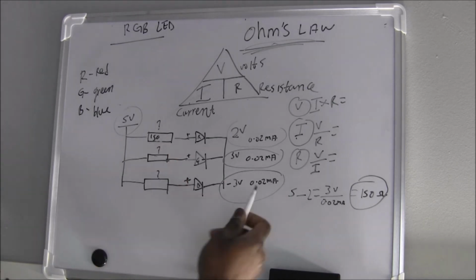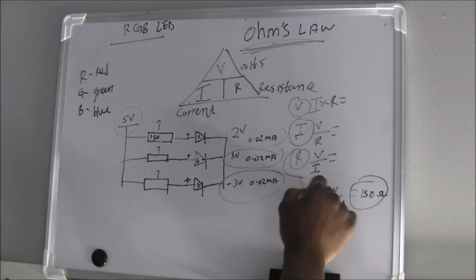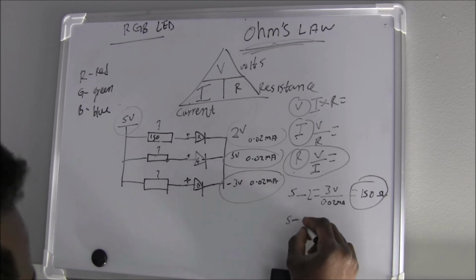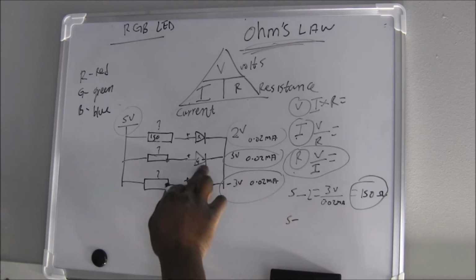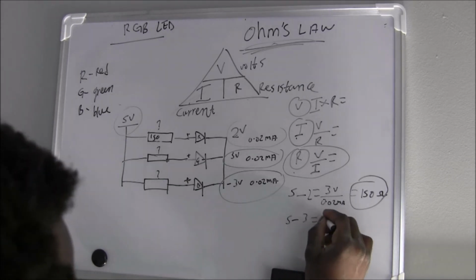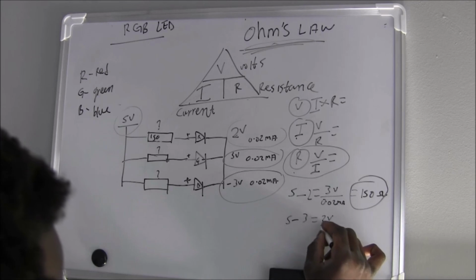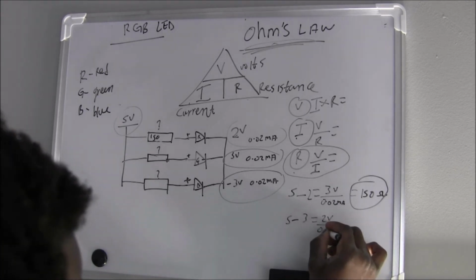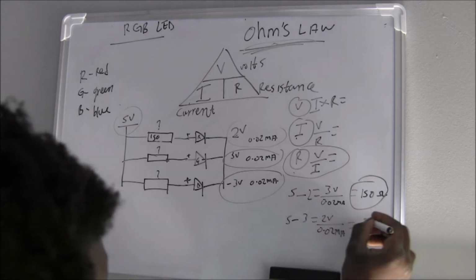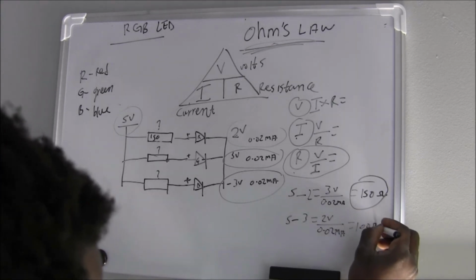So the value here is 150 ohm. Now I'm going to do the same equation again using this one here. You say 5 volt subtract 3 volt, because this LED is 3 volt, which gives us 2 volt, divided by 0.02 milliamps, and that gives us 100 ohms.